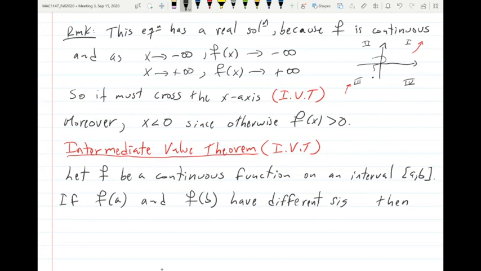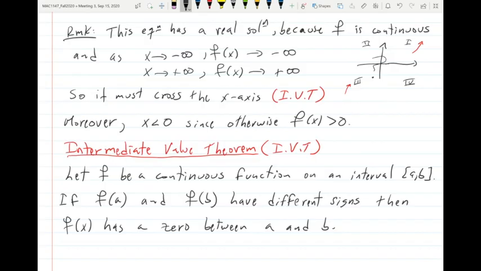So if they have different signs, then f of x has a zero between a and b.